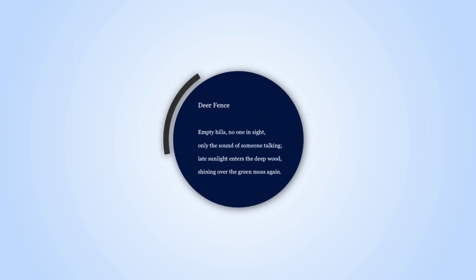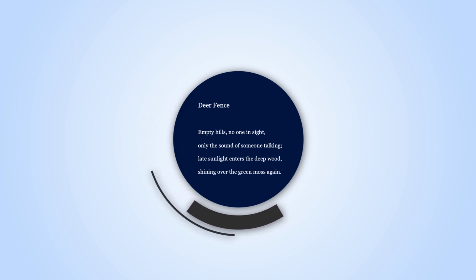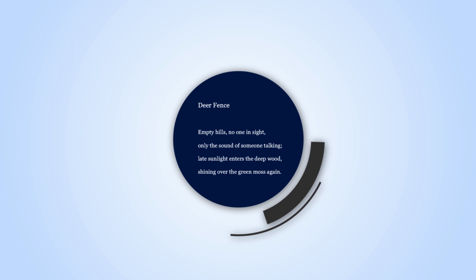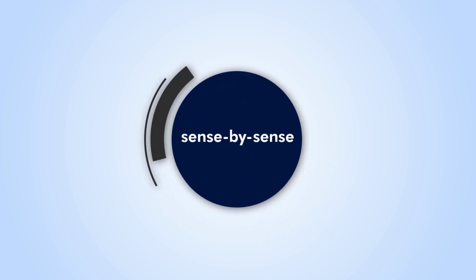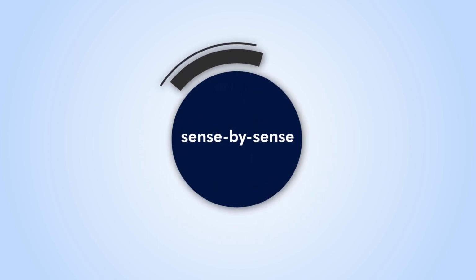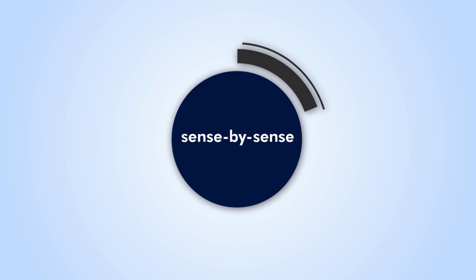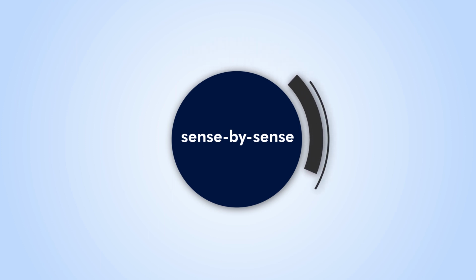If, on the other hand, a translation uses familiar language and recognizable expressions and phrases, it's likely the translator is using sense by sense or free translation to convey the meaning of the text, rather than focusing on the definition and placement of the individual words themselves.